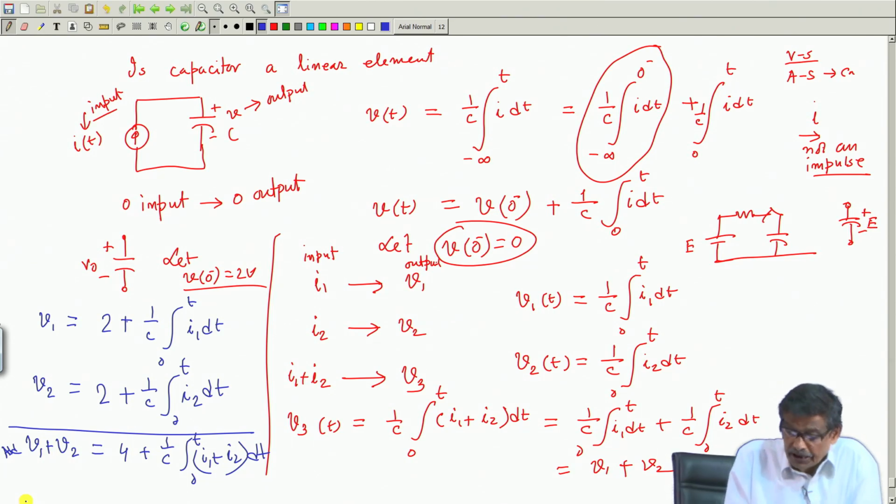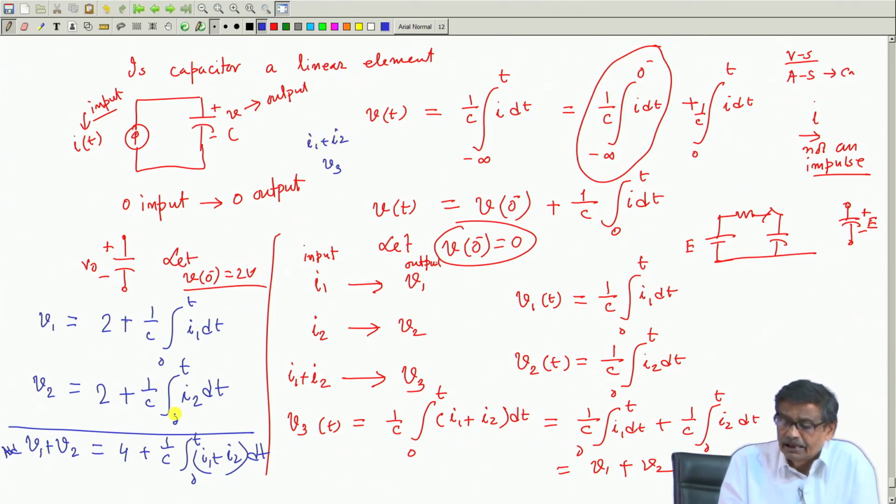Now, indeed, when you apply I 1 plus I 2 to this circuit, let the voltage in the circuit be V 3. Are you following me? I 1 plus I 2 you apply. I am not assuming anything, I am telling that okay, let the output voltage be V 3.